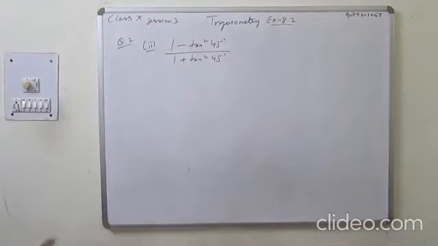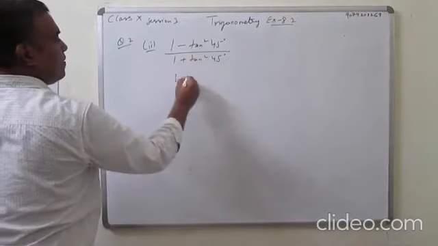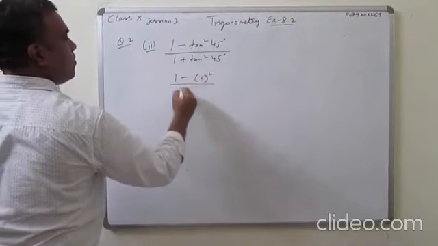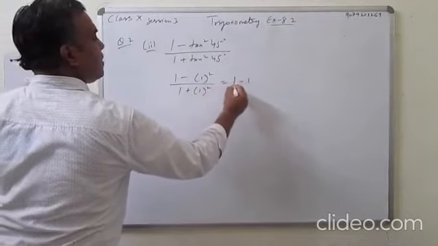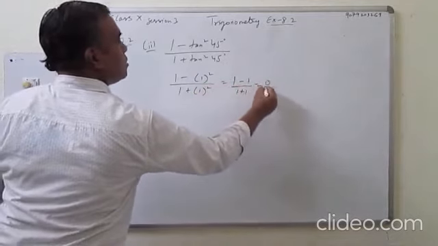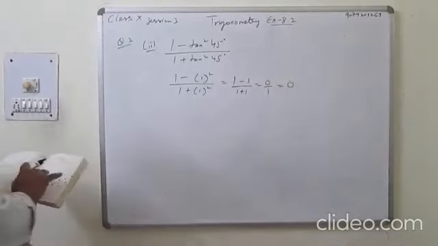Now putting the values, tan 45 is 1, so 1 minus 1 square upon 1 plus 1 square, it becomes 0 upon 2, which is 0. So it is option D.